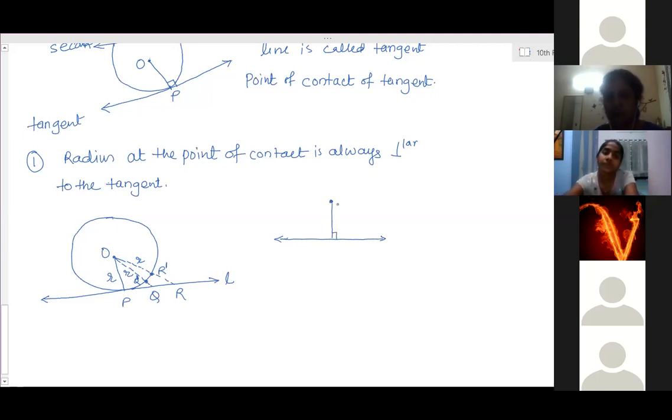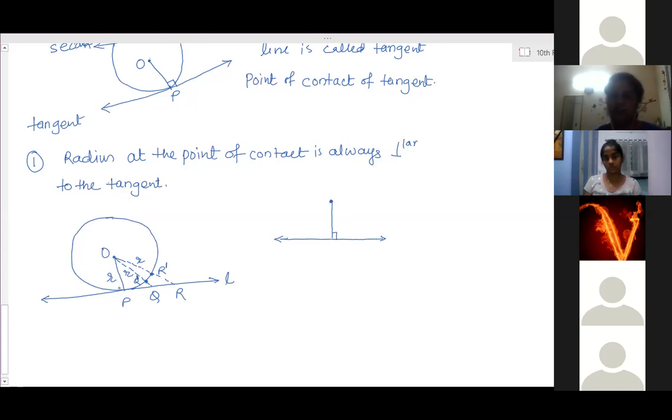We draw the perpendicular and count the perpendicular distance, right? That is the shortest distance between a point and the line. So there is a theorem, Euclid's geometry theorem: the shortest distance between a point and a line is the perpendicular distance.